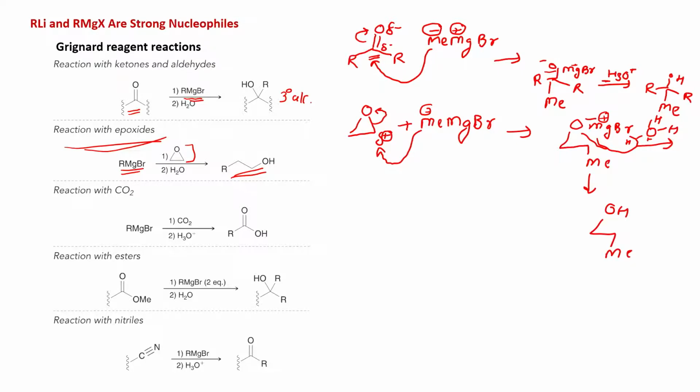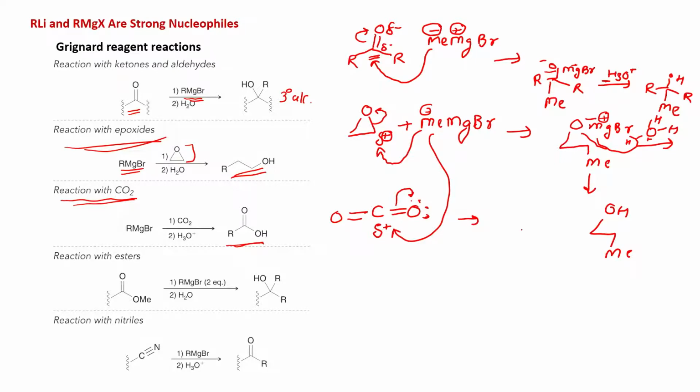So now when the reaction happens with carbon dioxide, you will get a carboxylic product. So its mechanism is, oxygen will withdraw electron, create partial positive charge here. So again this methyl will react here.